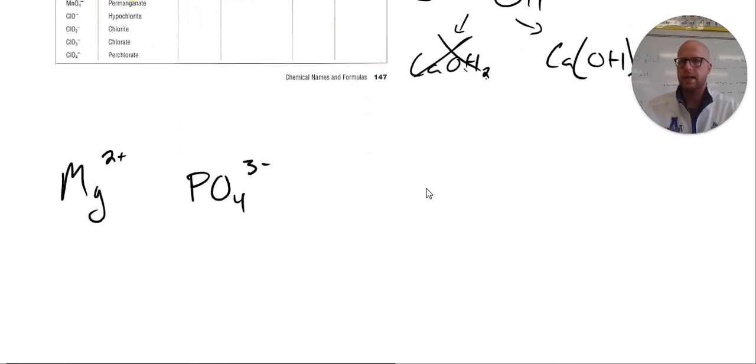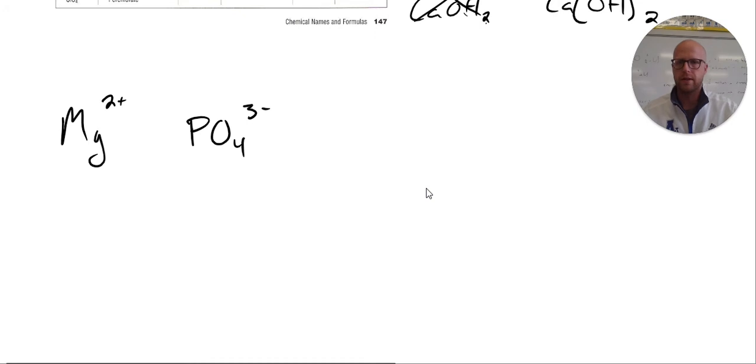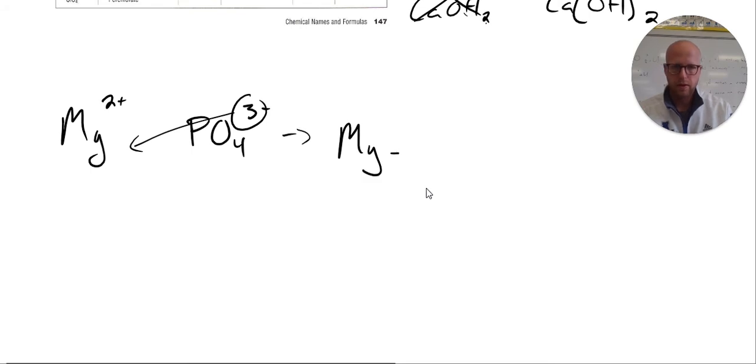Right now my charge is not balanced. I have a +2 magnesium and a -3, that doesn't add up to 0. My common factor between the 2 of these is 6, or you can also do the crisscross method. I'm going to need 3 magnesiums, and I'm also going to need 2 phosphates.